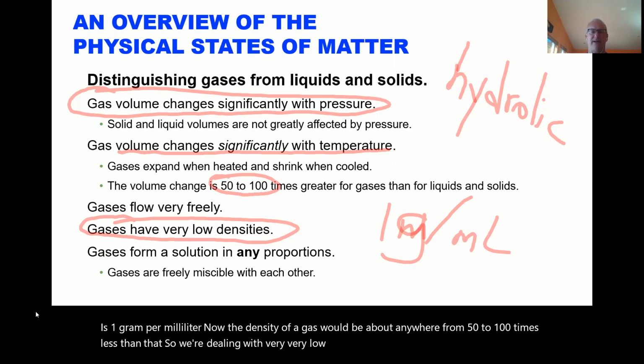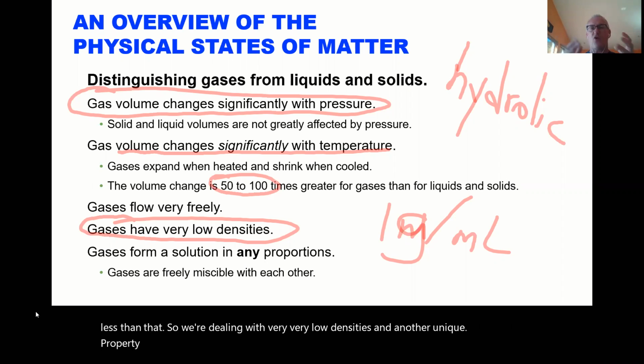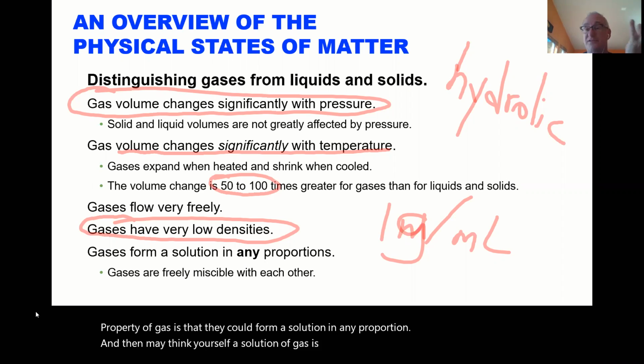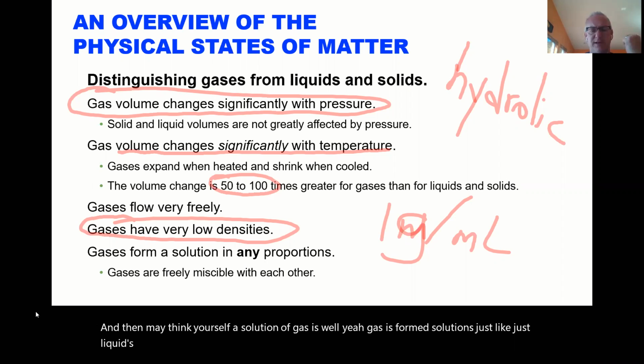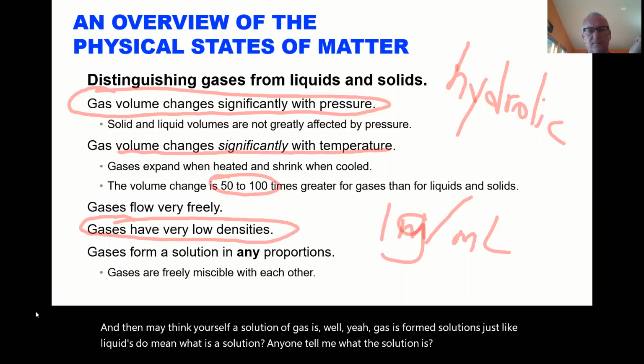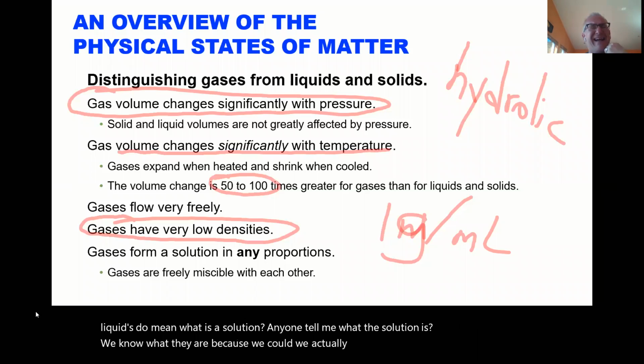And another unique property of gases is that they can form a solution in any proportion. You may think to yourself, a solution of gases? Well, yeah, gases form solutions just like liquids do. I mean, what is a solution? Can anyone tell me what a solution is? We know what they are, but can we actually give a definition that makes sense?